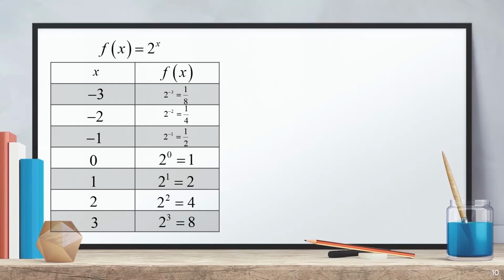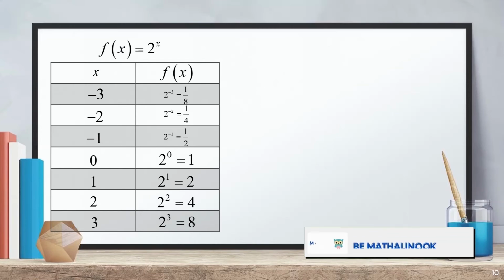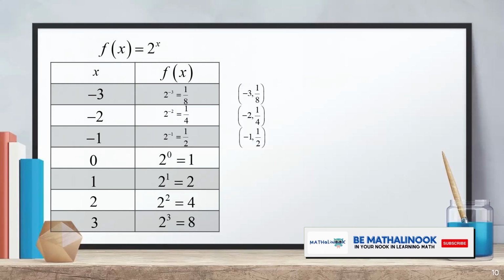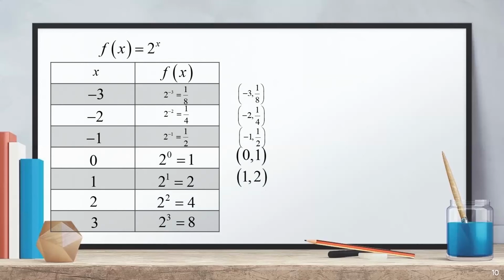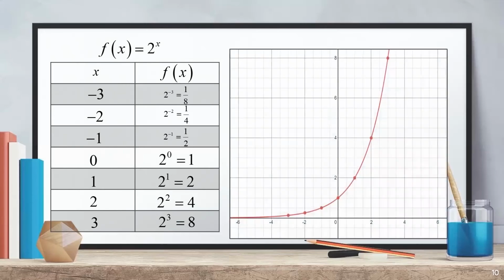With this table of values, we can see that we have the following points: (-3, 1/8), (-2, 1/4), (-1, 1/2), (0, 1), (1, 2), (2, 4), and (3, 8). Plotting these points on a Cartesian plane and connecting them, we have this graph as the graph of the given function f of x equals 2 raised to x.